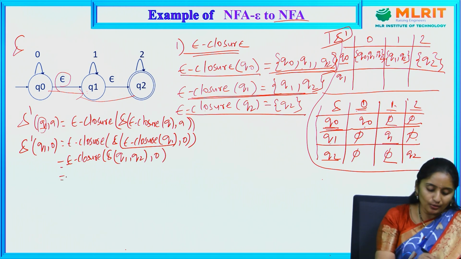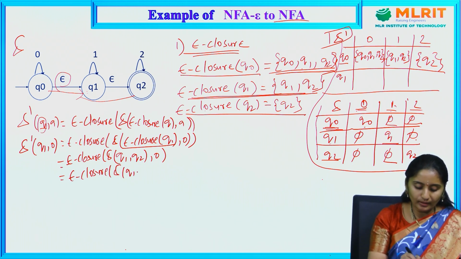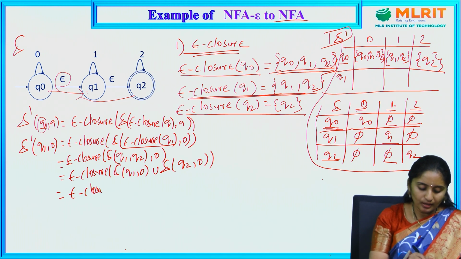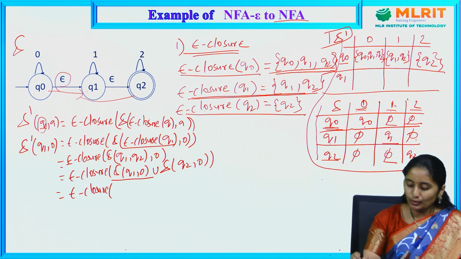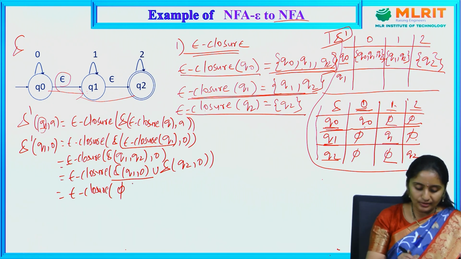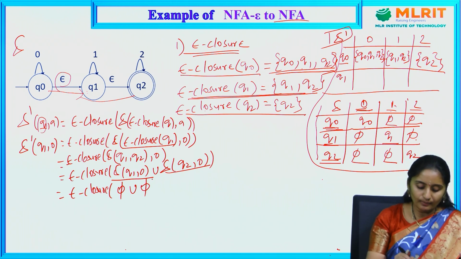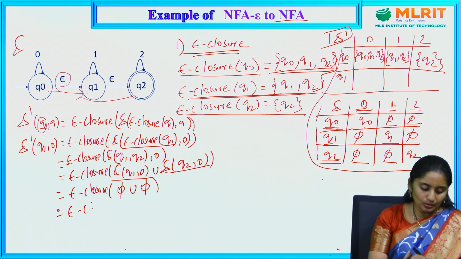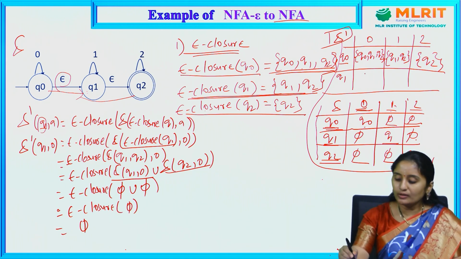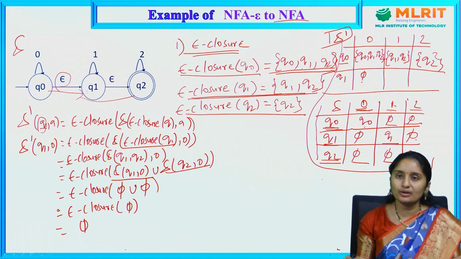Epsilon closure of delta of Q1 comma 0 union delta of Q2 comma 0. Delta of Q1 comma 0, what I have? Pi. Next, union delta of Q2 comma 0, what I have? Pi. So epsilon closure of pi is nothing but pi. Q1 on 0 I have pi.